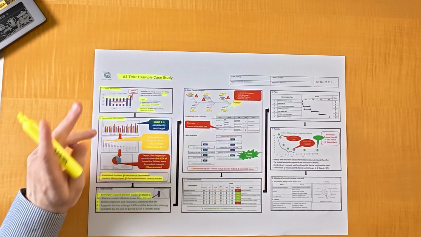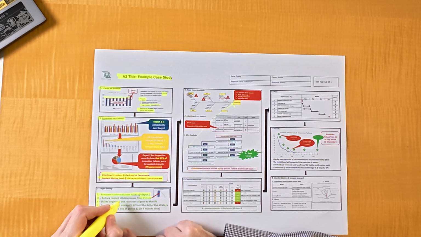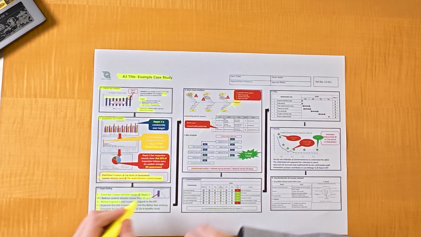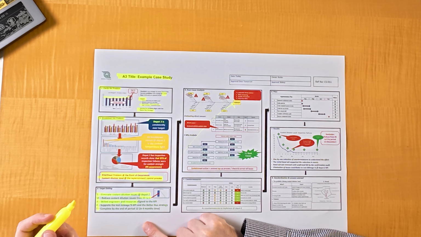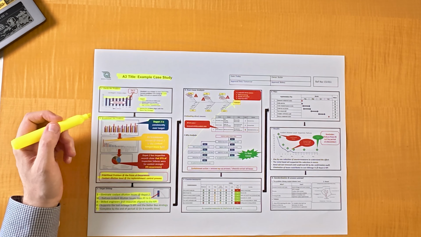Then A, achievable. Now what we're really asking here, and this is the bit that gets missed, is not is it achievable, we are asking is it achievable with the current resources that we have, or do we need to bring people in to help us? And in this example, we've identified that skilled engineers and the current resources we have is enough to realign this key performance indicator, this number of coolant dilution issues.